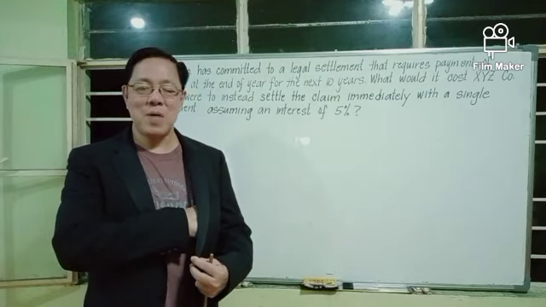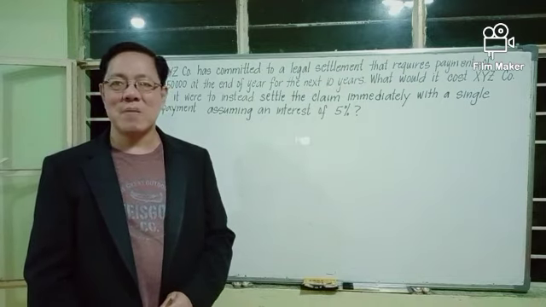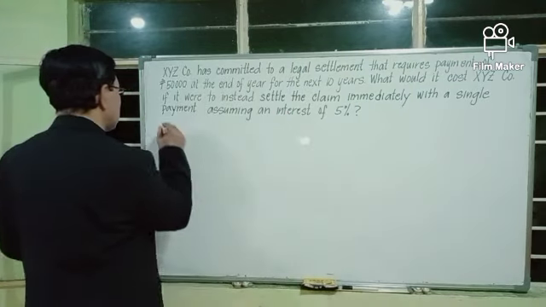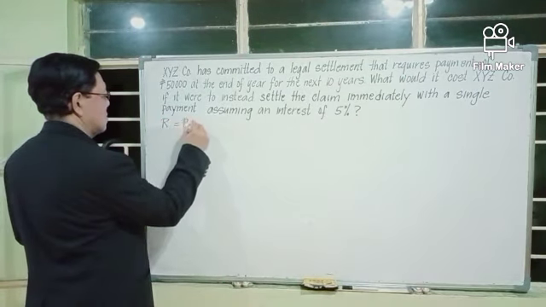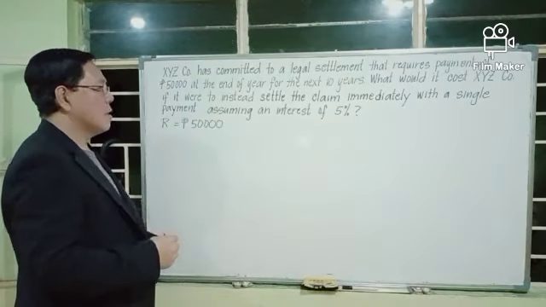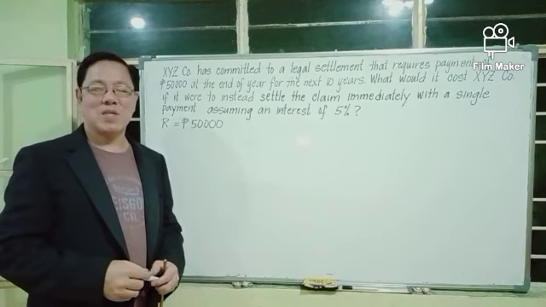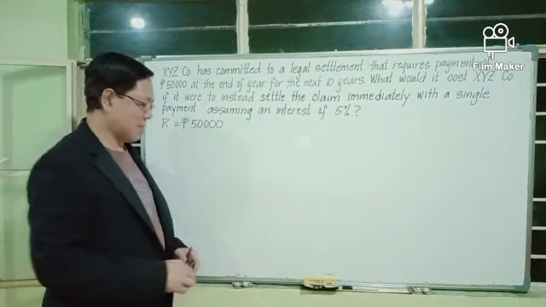So the amount of regular payment is denoted by R is equal to 50,000 pesos. And this amount is to be made annually at the end of each year for 10 years. Therefore, T equals 10 years.